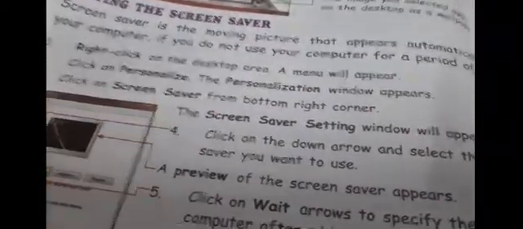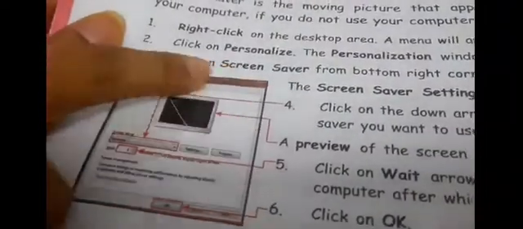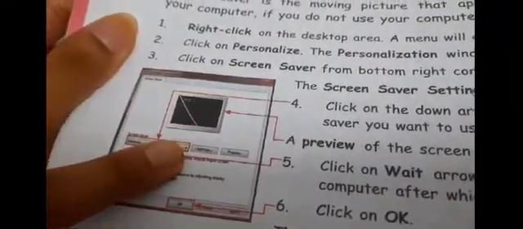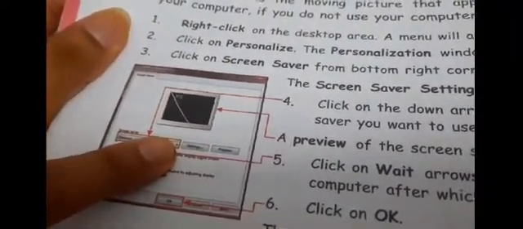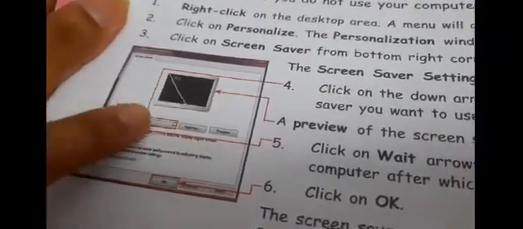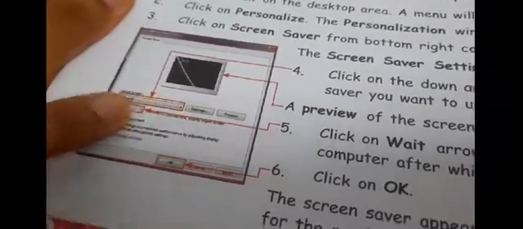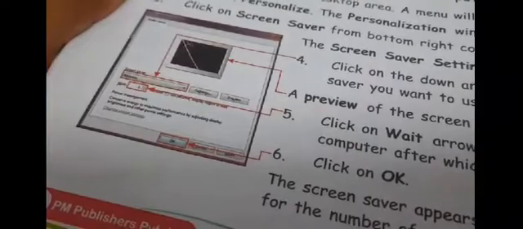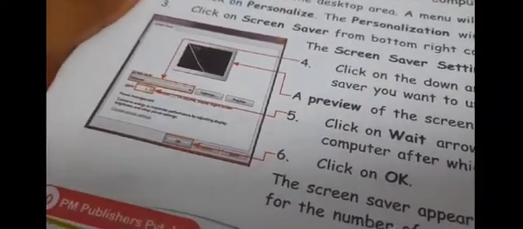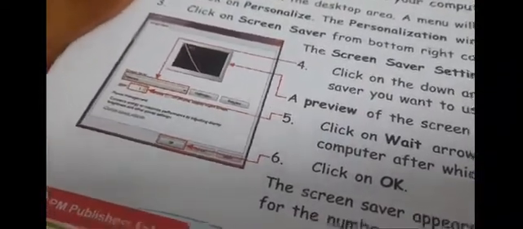Then screensaver dialog box like this, the picture is given in your book, will get open. Okay, now in this picture you can choose the screensaver with the help of this arrow, and you can give the time. So how long will it wait to bring the screensaver on your screen.